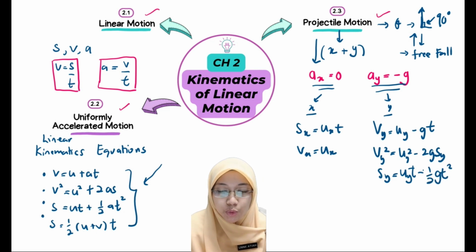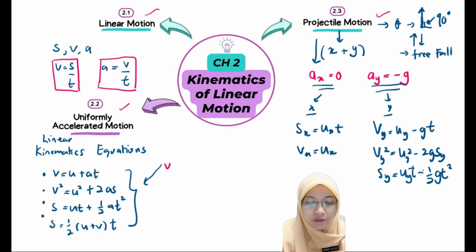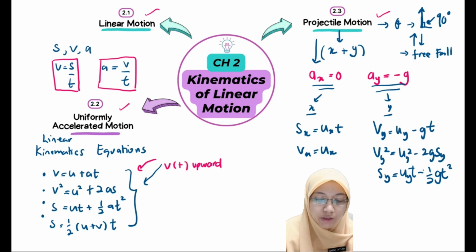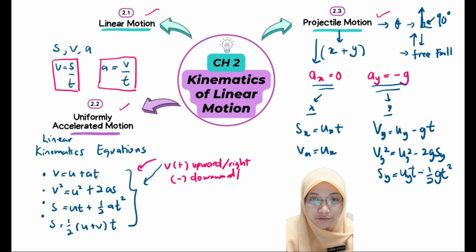As we know, all the quantities of velocity, displacement, and acceleration are vectors, so we need to consider the sign convention. For subtopic 2.2, positive v means the object is going upward, or moving to the right for the x-axis, and negative velocity means it is moving downward or to the left.